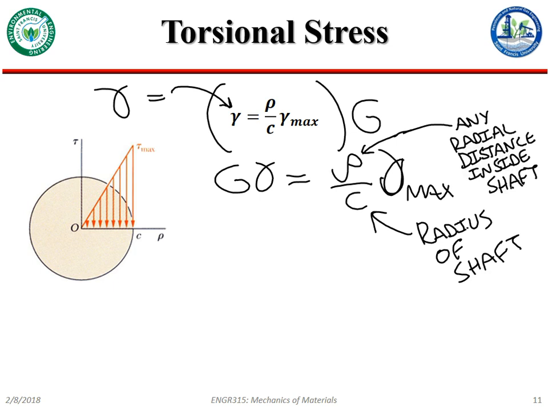So I can draw a line to any point rho, any radius that is rho long, and it'll be inside of the shaft, and the actual outer radius of the shaft itself is C. Just making sure we have terminology straight.